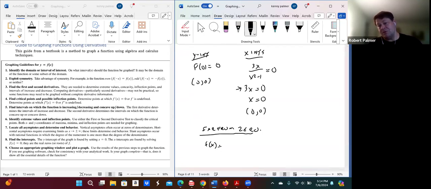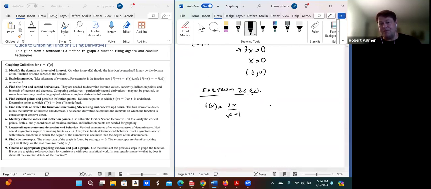F of x is equal to 3x over x squared minus 1. So if you notice, the degree is the highest power, the degree of the denominator is greater than the degree of the numerator.